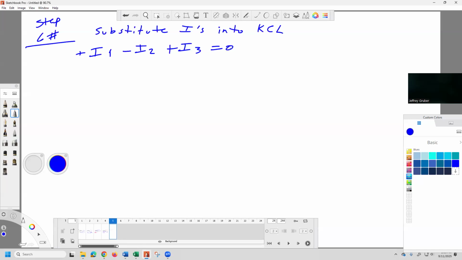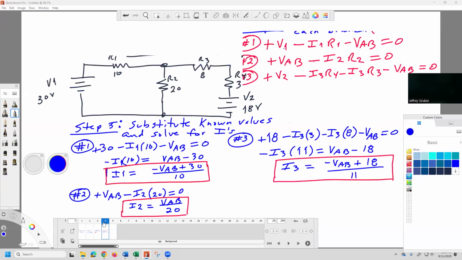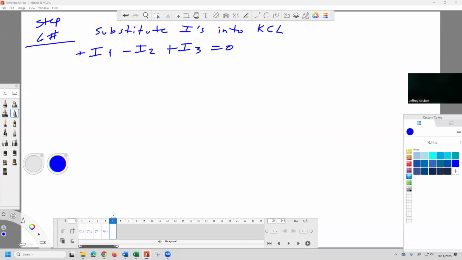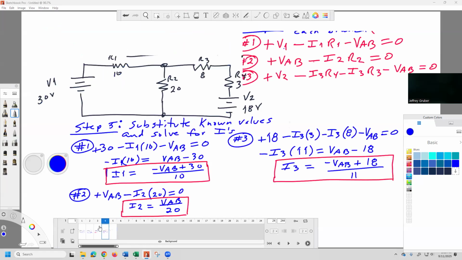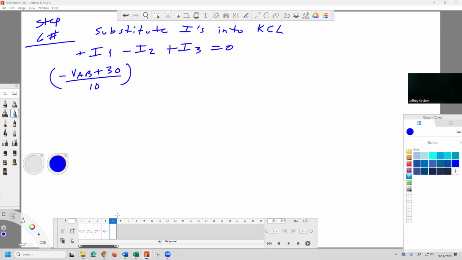So here's our I1 right here. Minus VAB plus 30 divided by 10, in parentheses. What's I2? It's VAB divided by 20.